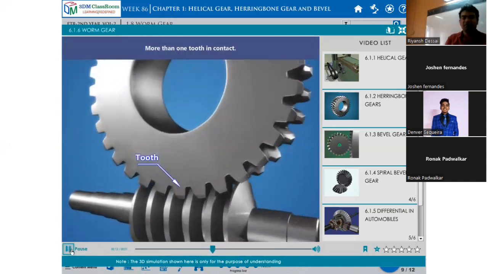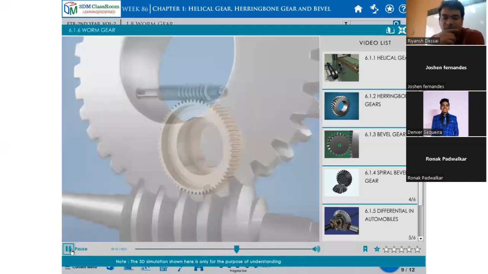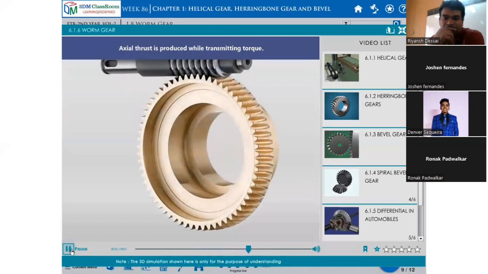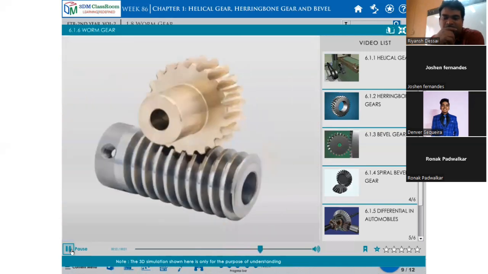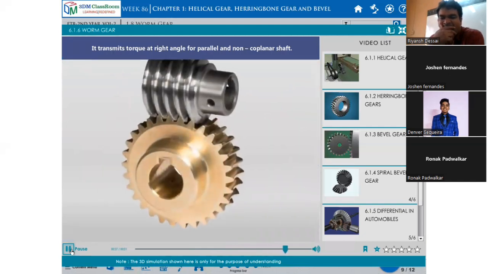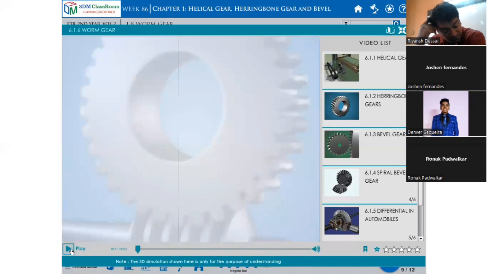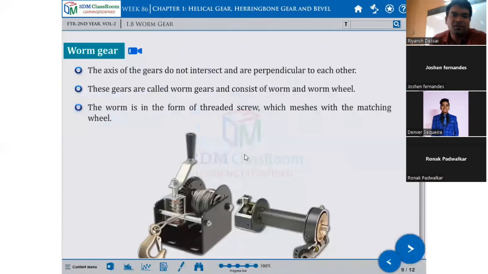This is a worm shaft. Axial torque is produced by transmitting torque. It transmits torque at right angles for non-parallel and non-intersecting shafts. The axes of the gears do not intersect and are perpendicular to each other.